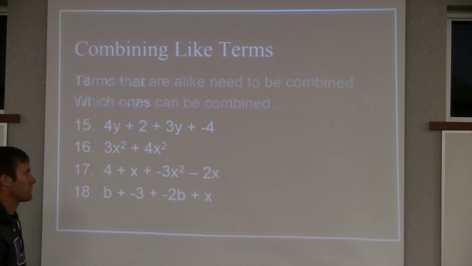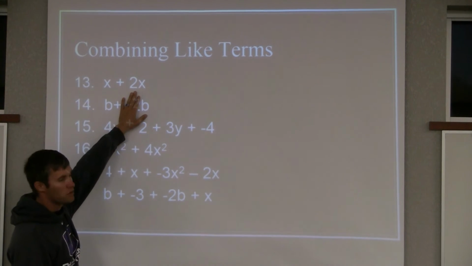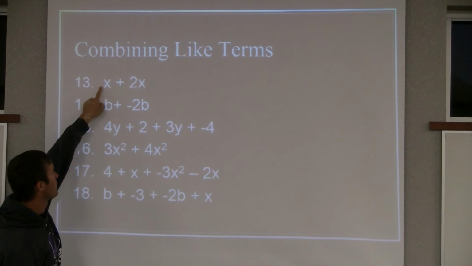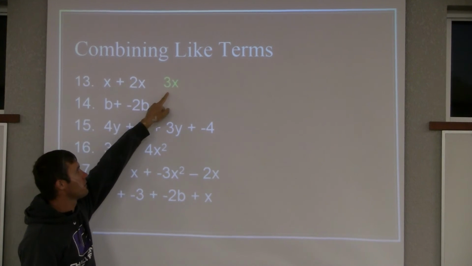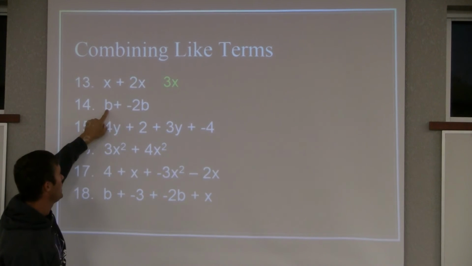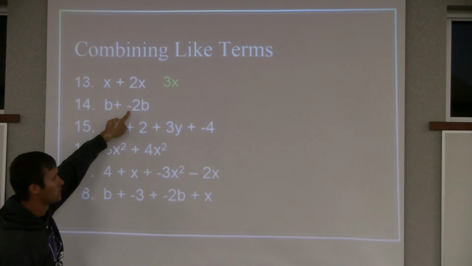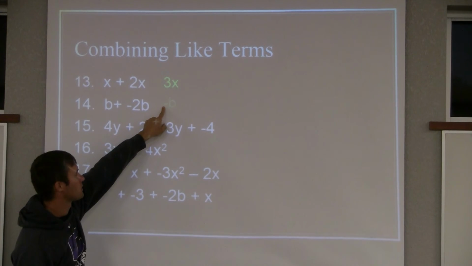So we'll go through examples of combining like terms. I have x plus 2x. There's a 1 in front, so I just add the numbers together. 1 plus 2 is 3. Keep the same variable, x. Your variable will never change. I have b plus negative 2b, so this would be 1 plus negative 2, which is negative 1, still a b.